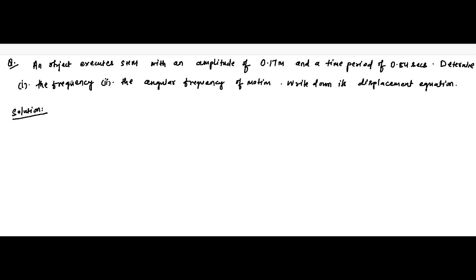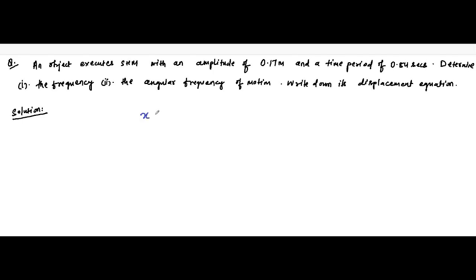We have to determine the frequency, the angular frequency, and write down its displacement equation, the basic SHM equation. The important part is always writing down the SHM equation in its standard form.